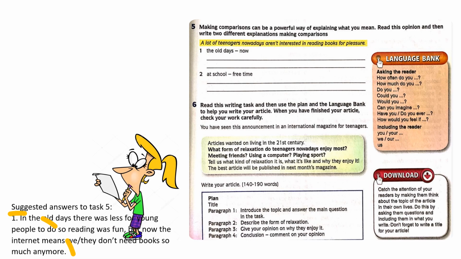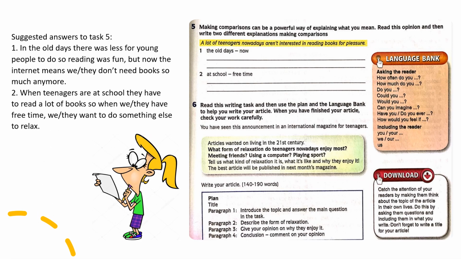Now let's look at the suggested answers provided here to task 5. Number 1, in the old days, there was less for young people to do, so reading was fun. But now the internet means we or they don't need books so much more.